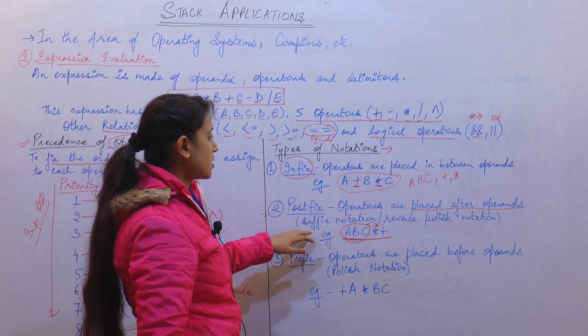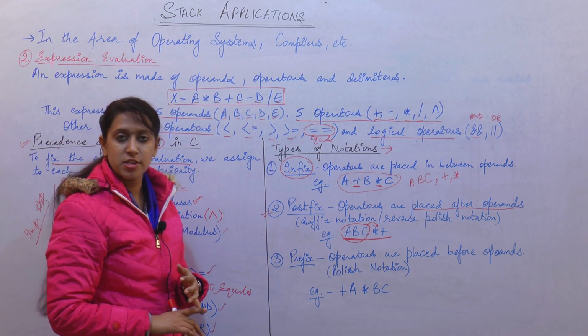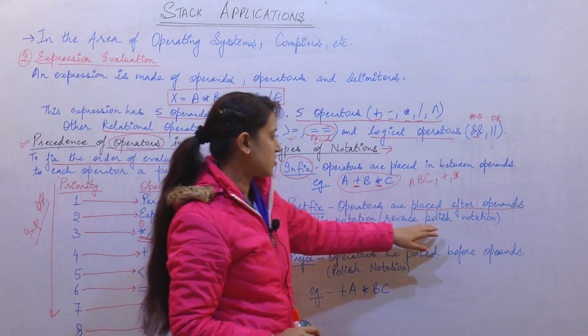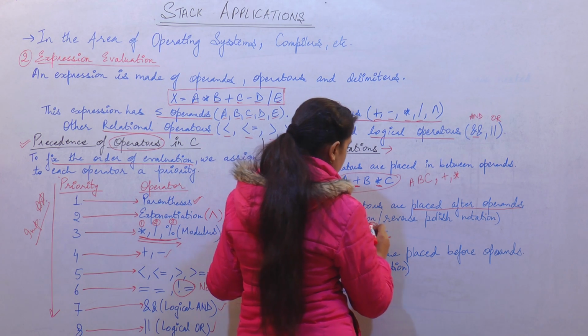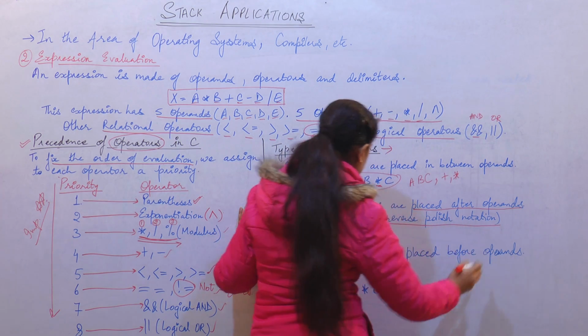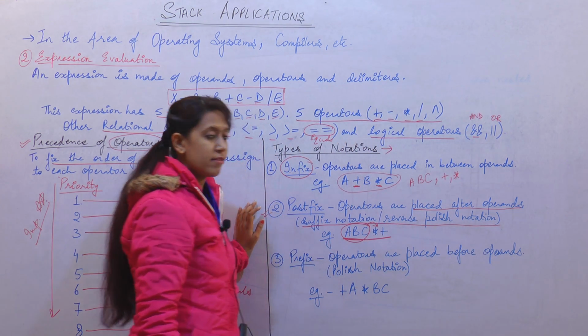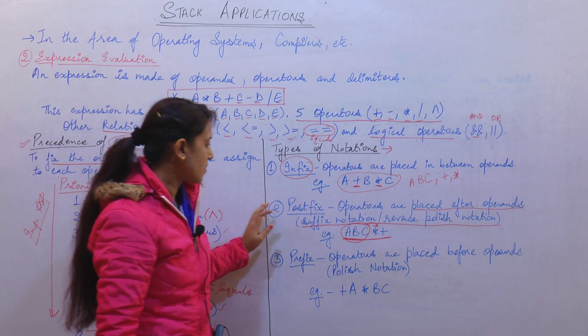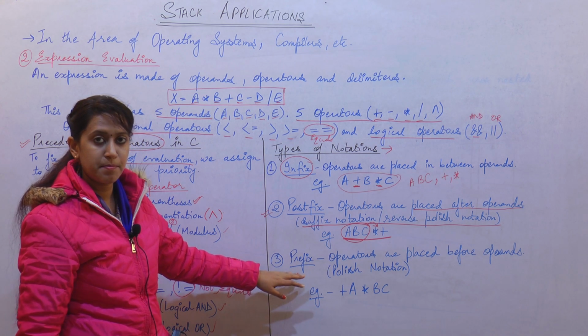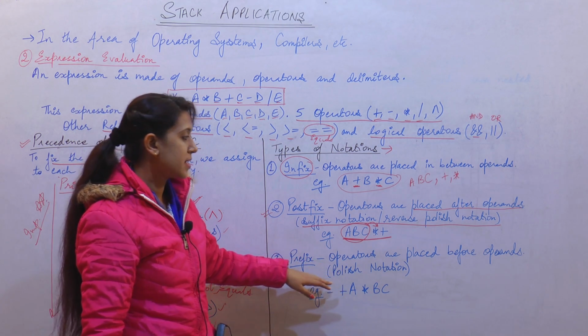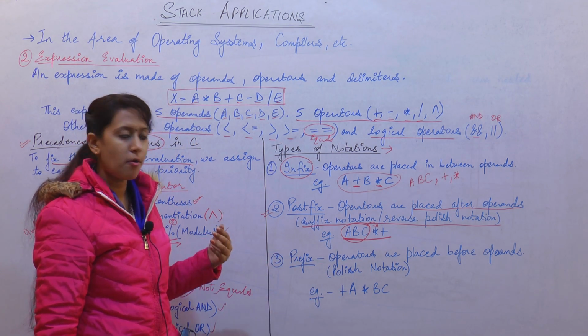So this is known as postfix notation. Postfix notation is also known by two other names, suffix notation and reverse Polish notation. And the third type of notation is prefix. Pre means the operators are placed before operands.